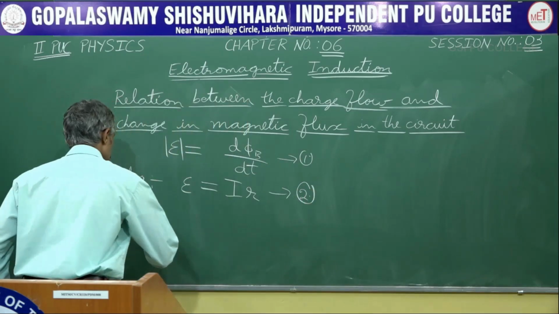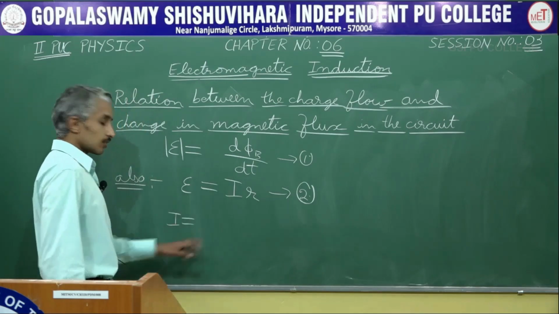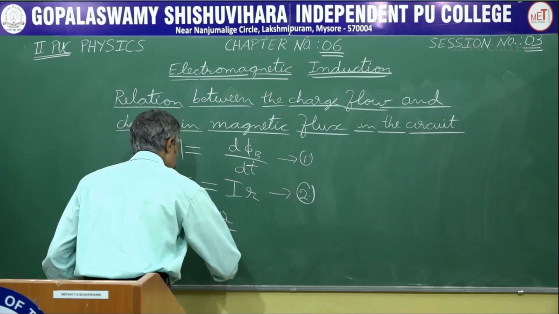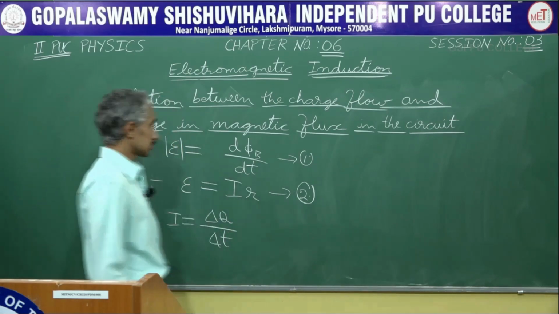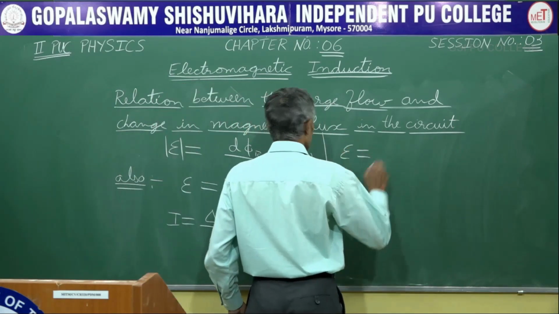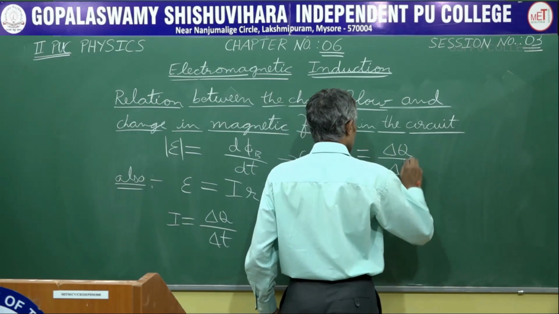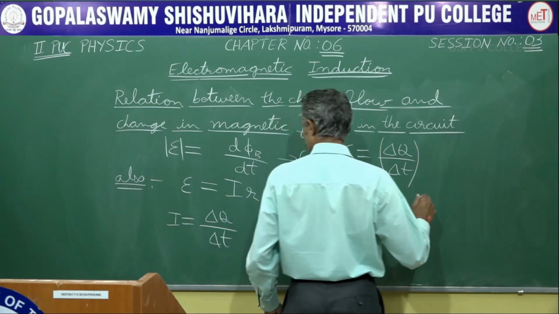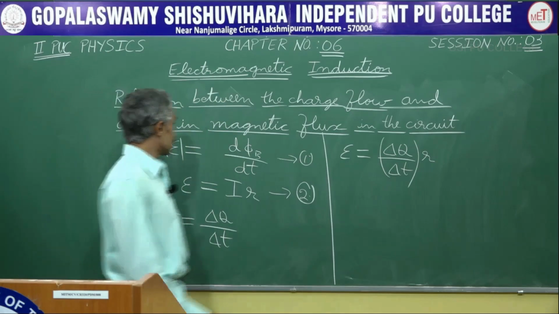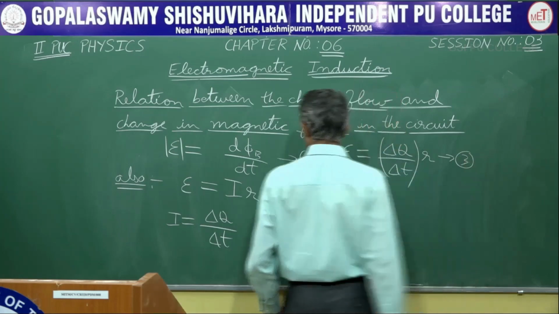Further, current is rate of flow of charges. I can write this as delta Q by delta T. So, the EMF induced can be written as delta Q by delta T into R. We take this as equation 3.